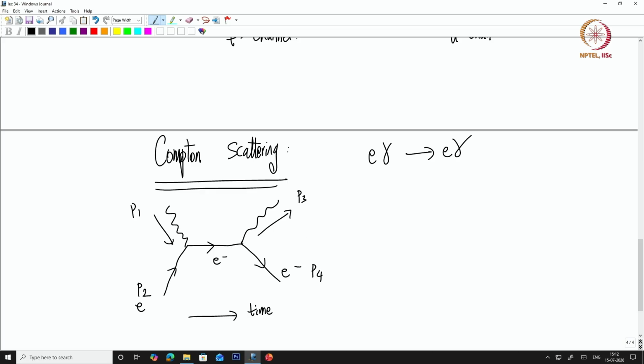Then you can exchange the momenta of the outside, the P1 and P3. So, you have a U channel diagram, so you can draw this diagram now in this fashion.